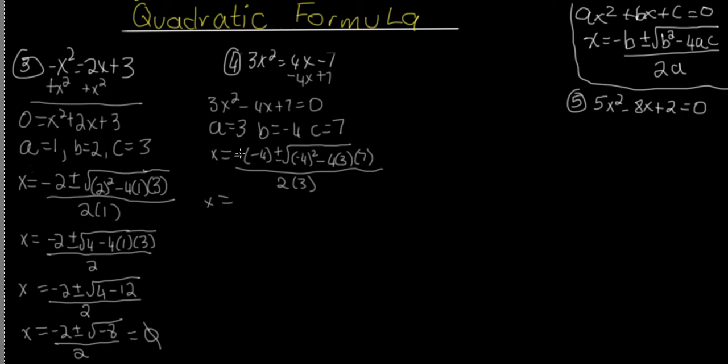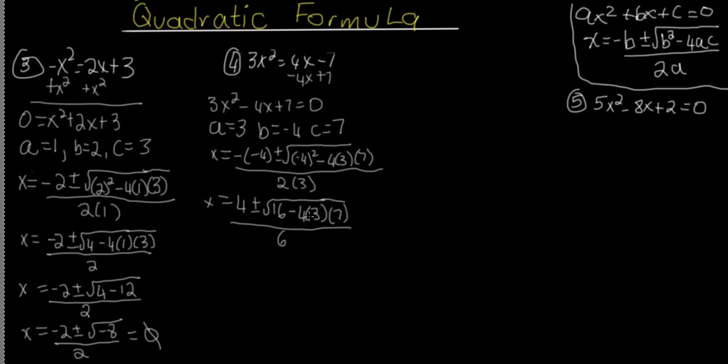So I have x equals -4 is just a +4, plus or minus, do your squared first. -4 times -4 is a +16. I'm just going to drop these down. It's important that you don't do many steps at once because you are likely to make a mistake. 2 times 3 is 6.